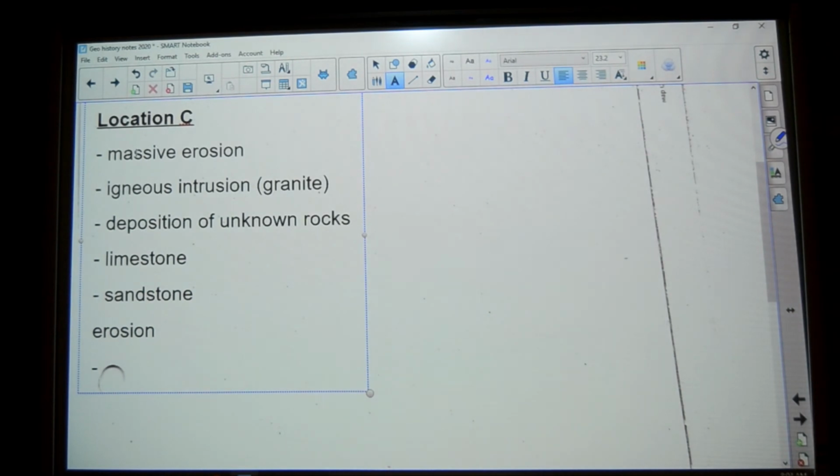Remember, you got to put all events, not just the rocks, all events. Prior to folding, we have the other sandstone. Prior to that, we had shale.